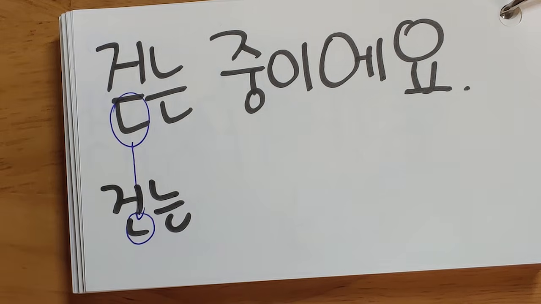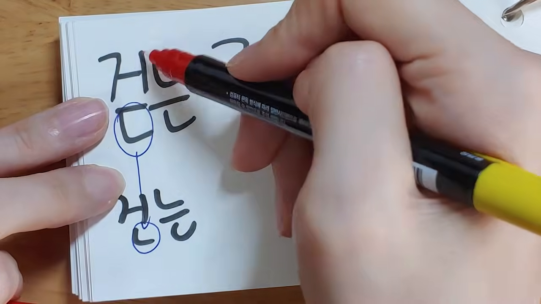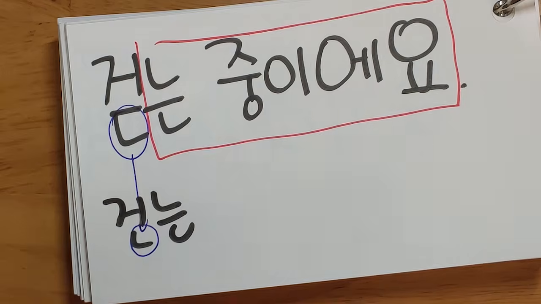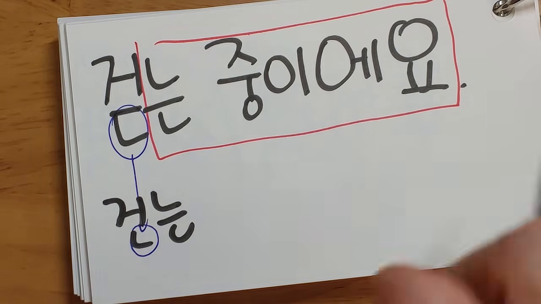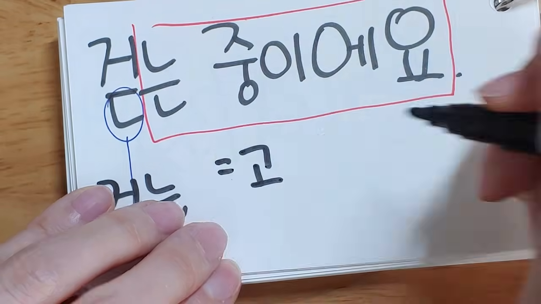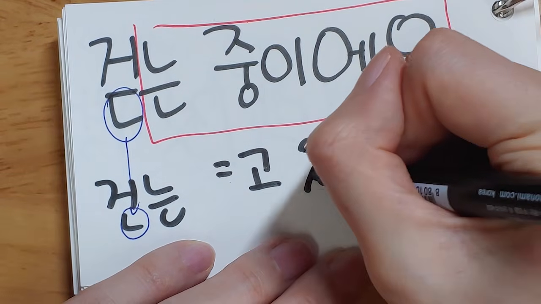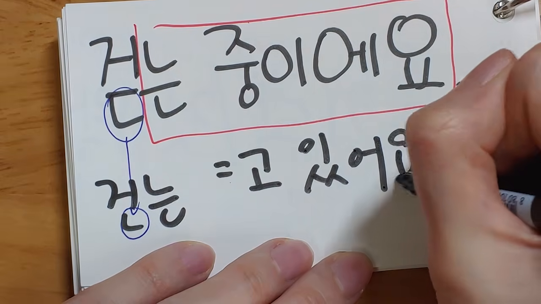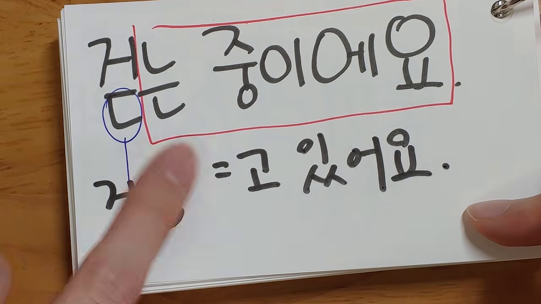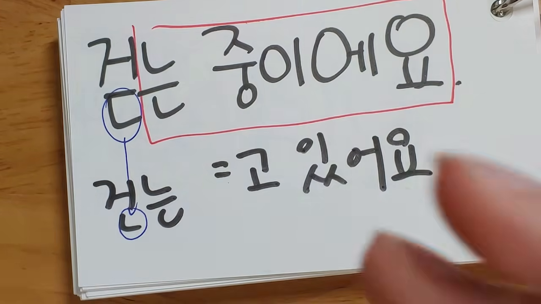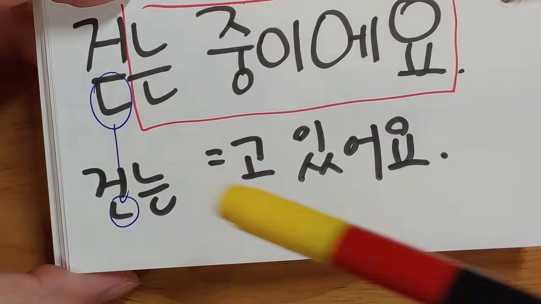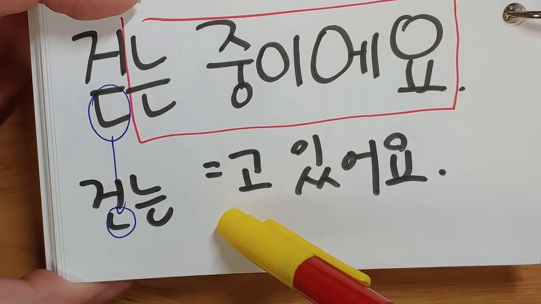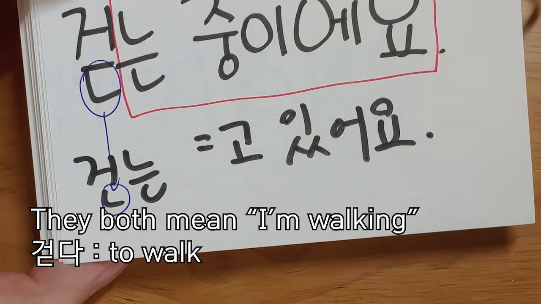And if you say 는 중이에요, this is also what we're going to learn in grammar session, but this is the same as what I briefly mentioned in an earlier sentence. 고 있어요 means I'm in the middle of doing that verb, the B-I-N-G grammar, right? So 걷는 중이에요 or 걷고 있어요, they both mean the same thing.